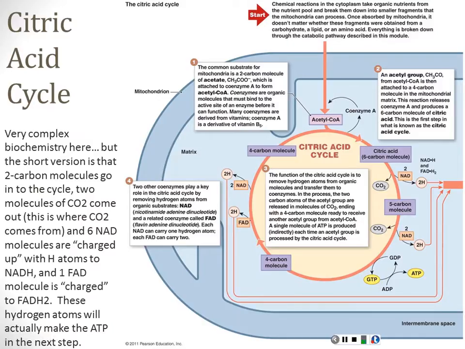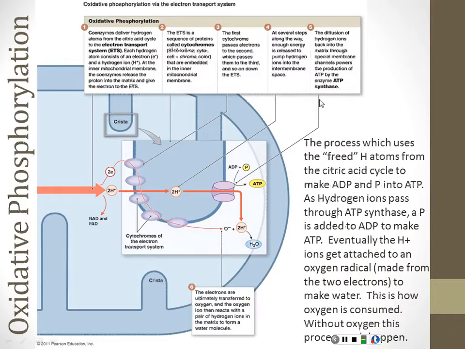If this were a water wheel that's turning a mill, for example, it's the NADs and FADs that are going to carry that energy. So that's the key. So over here I say that we get 6 NAD molecules, 2 here, 2 here, and 2 here that are charged up. And we get an FAD molecule that's charged up here.